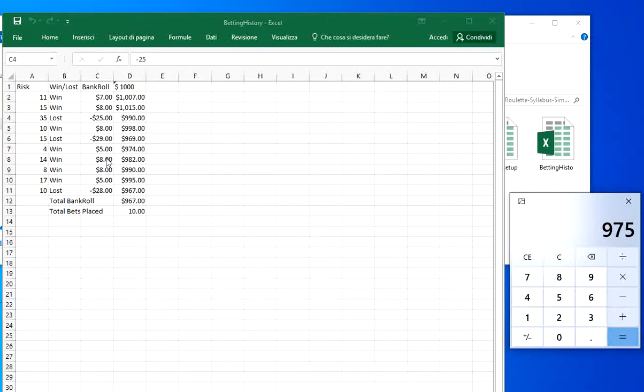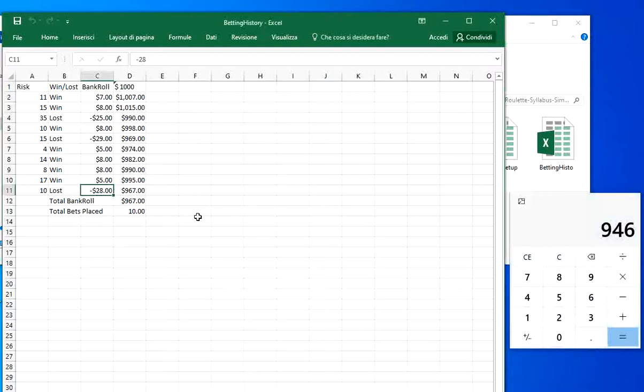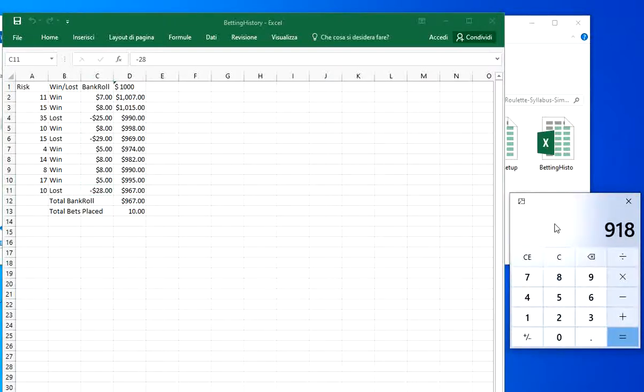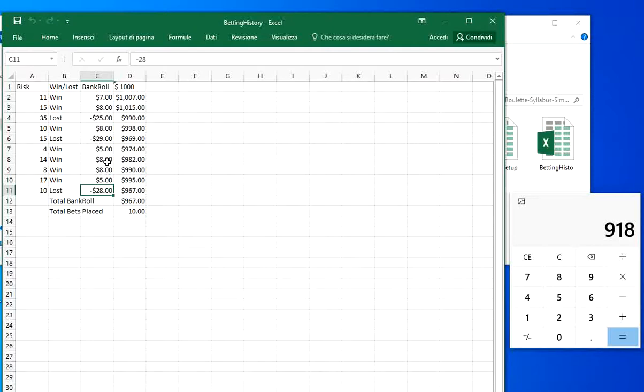Second loss was 29. Third loss was 28. So minus 28. These are the lost bets, so we have deducted the lost bets from our current balance.